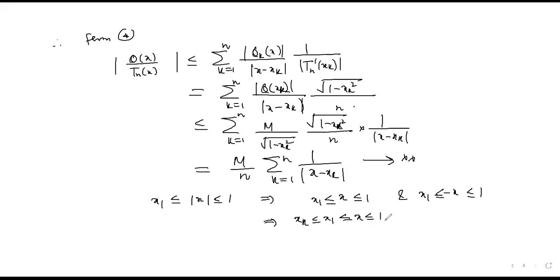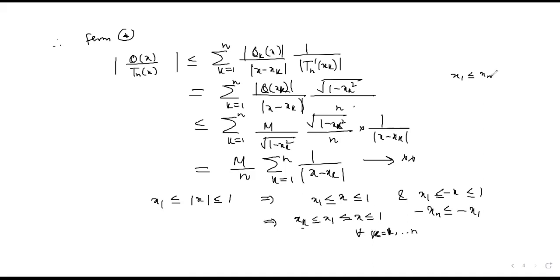Here we will write for all k running from 2, 3 or 1 up to n also, because then it will be equal. Okay, k runs from, and from here I will get minus xn is less than equal to minus x1, because look, xn is the smallest, right, so x1 is less than equal to xn.